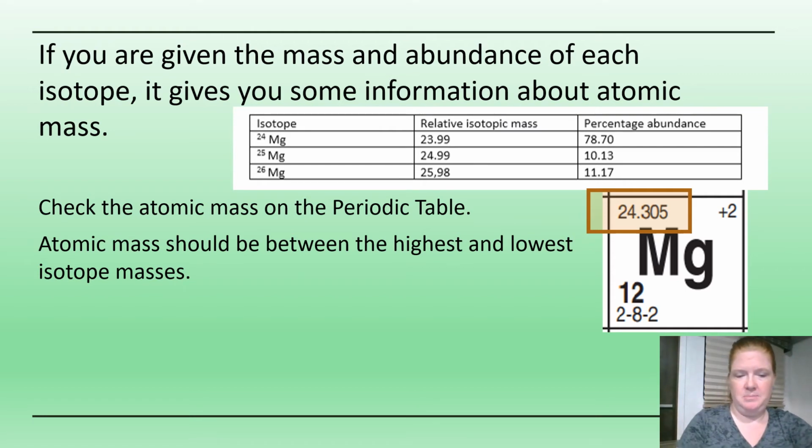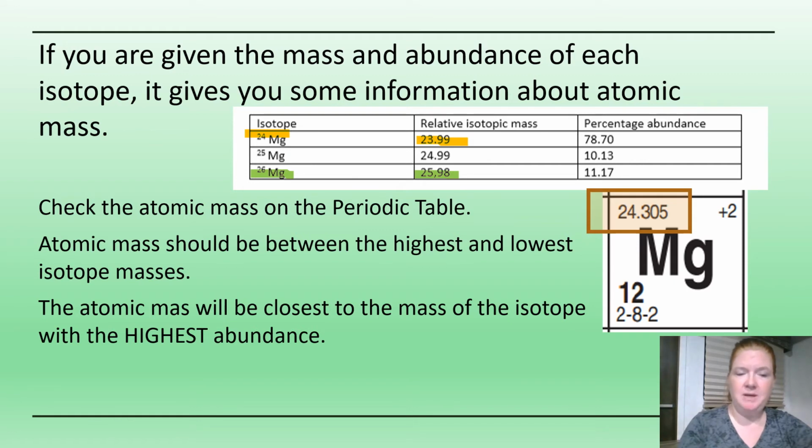Here is magnesium 24, and this is its mass. And here is magnesium 26, and here's its atomic mass. So the atomic mass of magnesium should be somewhere between 23.99 and 25.88. It is, in fact.